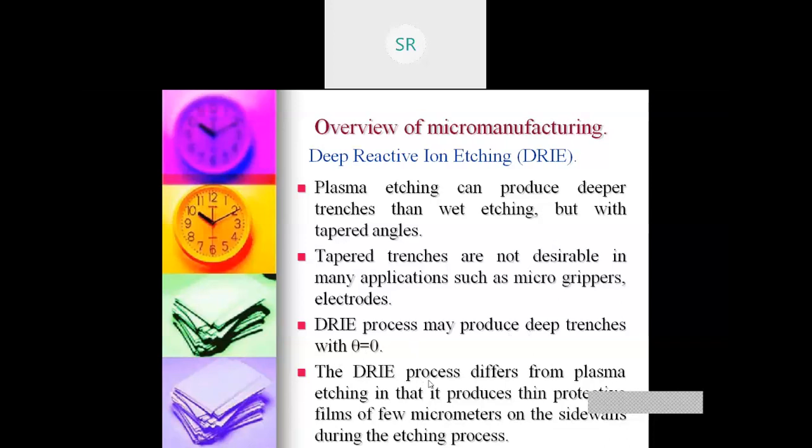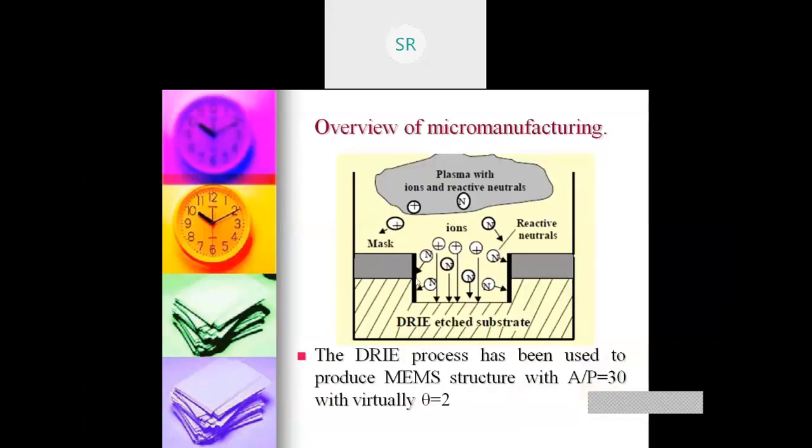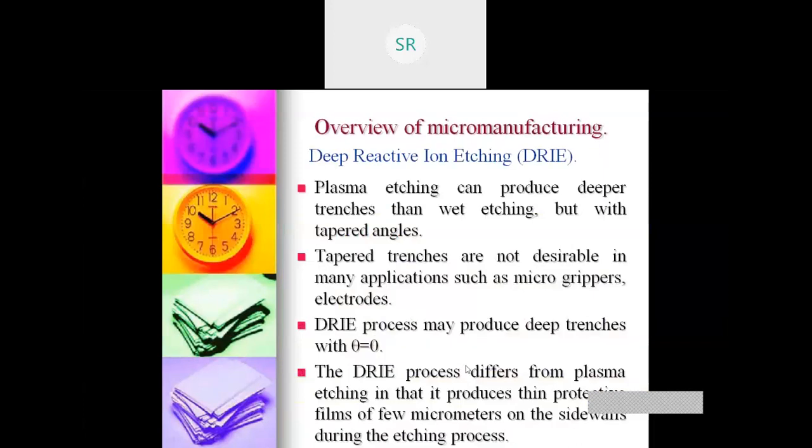DRIE, the deep reactive ion etch process, differs from plasma etching, and it produces a thin protective film of a few micrometers on the side wall during the etching process. So now this is the layer.